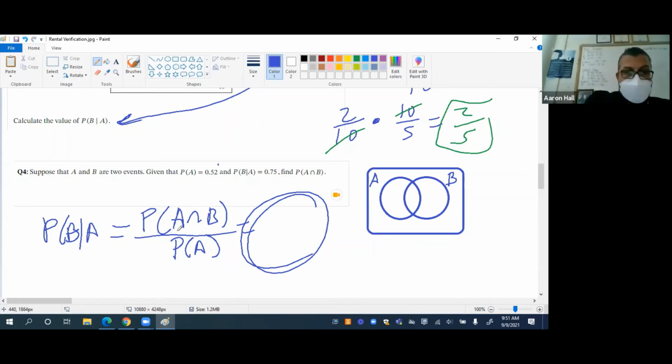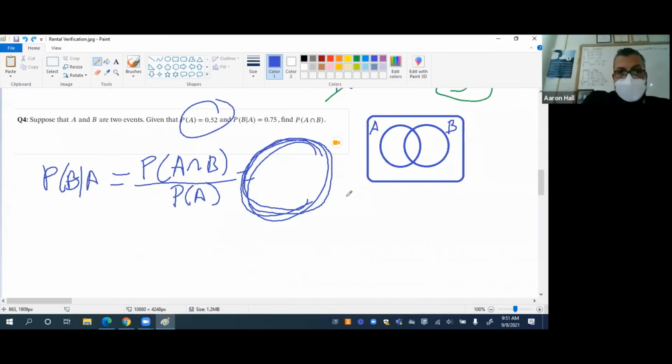I know the denominator, but I also know what all of this equals, right? What does all of this equal? Yeah, it tells us right here, 75%. So I'm going to say that all of this equals 75%.